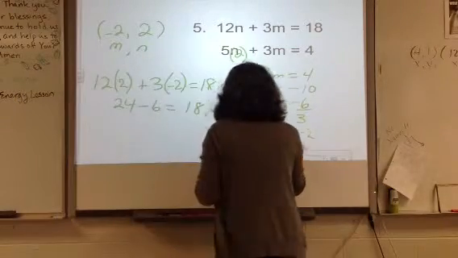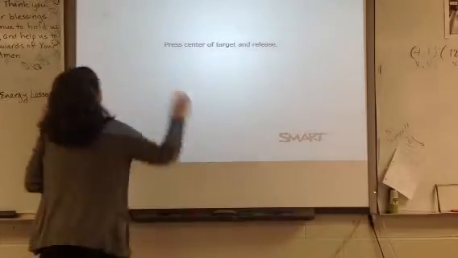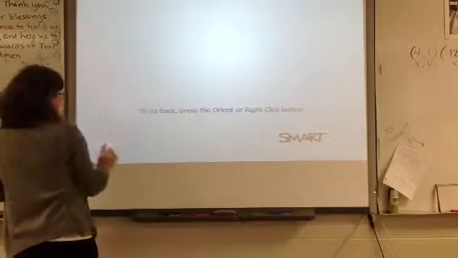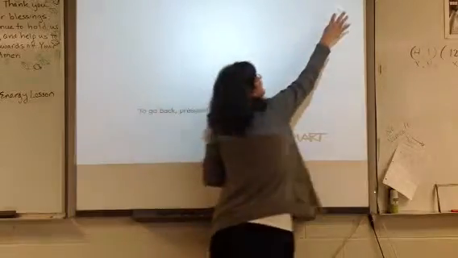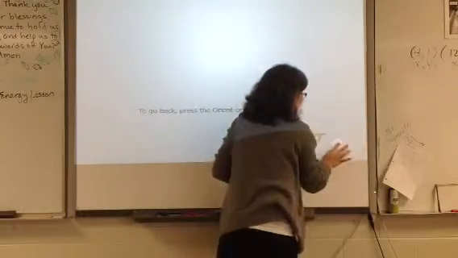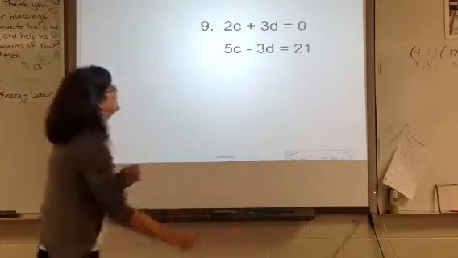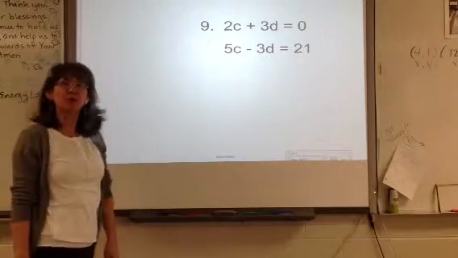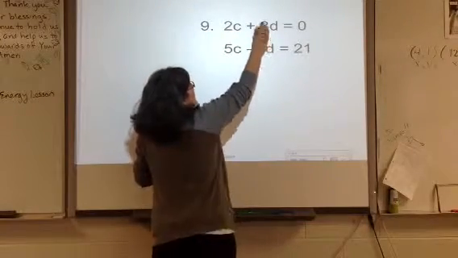Okay, let's try and look at this one. I'm going to quickly recalibrate because it's driving me crazy. It's not as bad as it sometimes is. It's actually being very good. Good. Okay. Now this one, oh, this is perfect because this one's ready to add because these two are opposites.